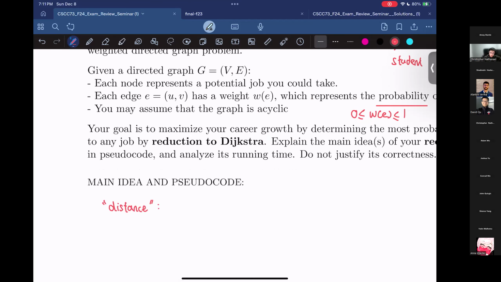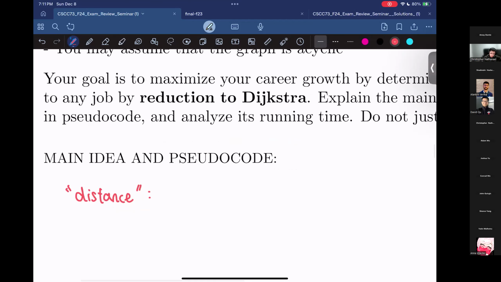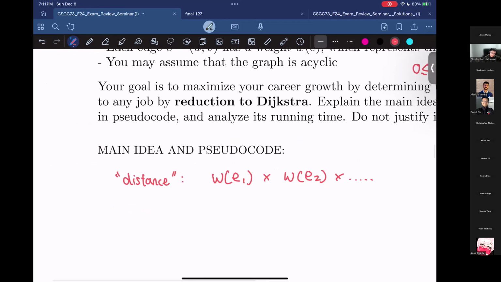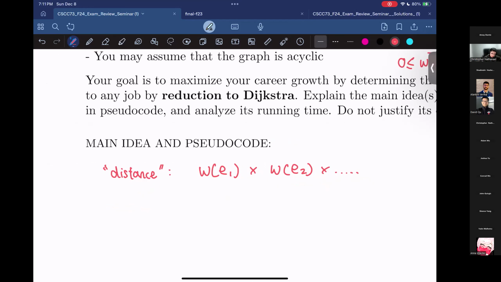Since we're working with probabilities, it will be the product of weight of e1 times weight of e2. Okay. And we're looking to maximize probability.